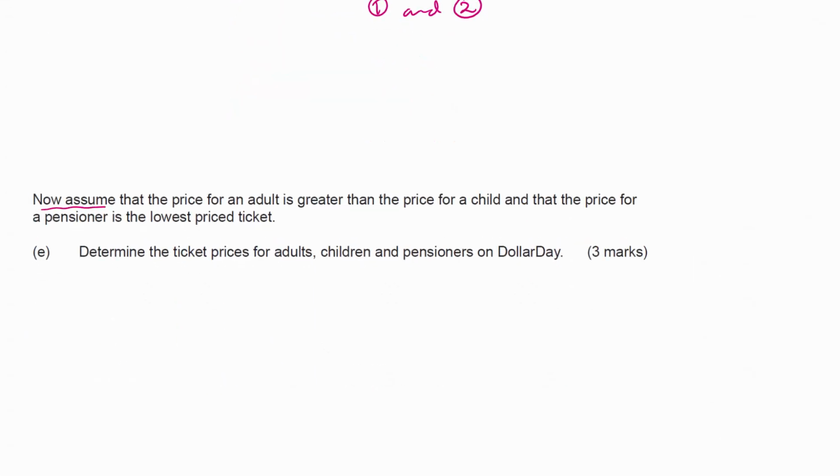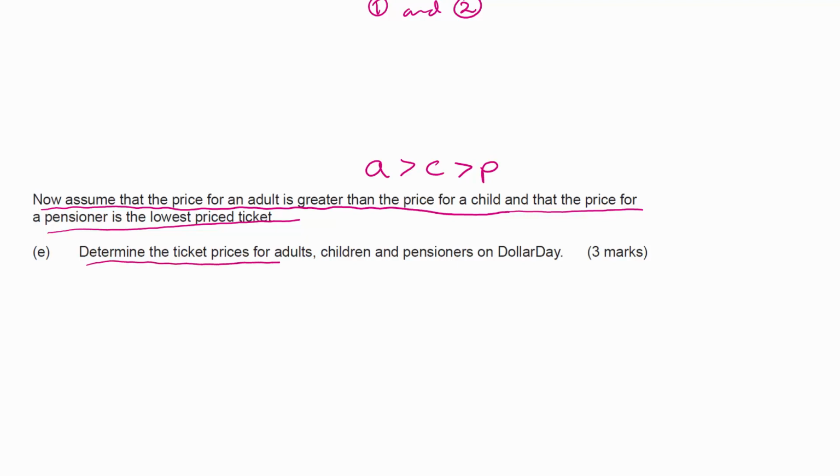We're now going to assume that the price for an adult is greater than the price for a child, and that the price for a pensioner is the lowest price ticket. So what we're saying here is that A is greater than C is greater than P. We want to determine the ticket prices for adults, children, and pensioners on Dollar Day.